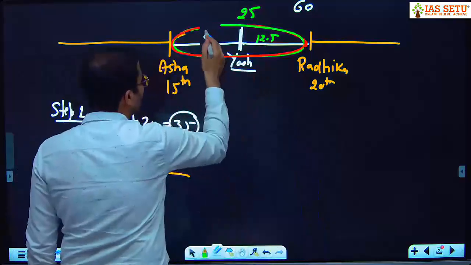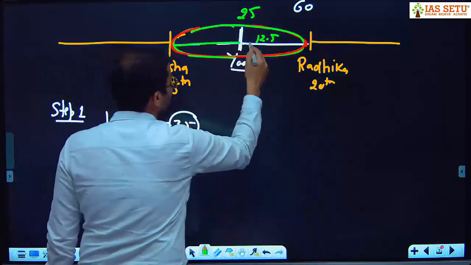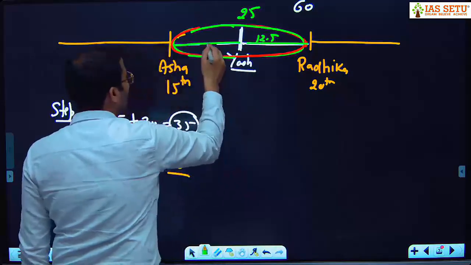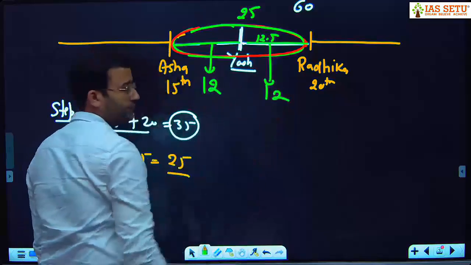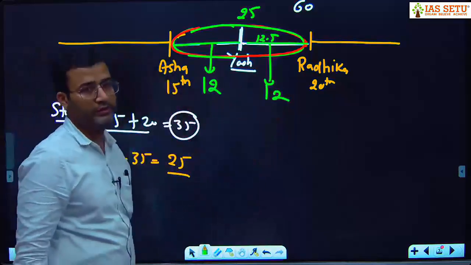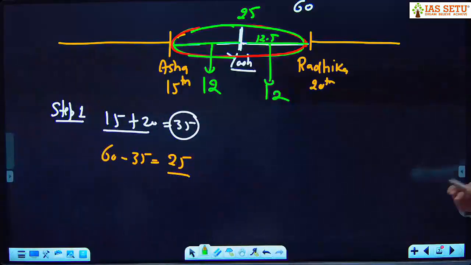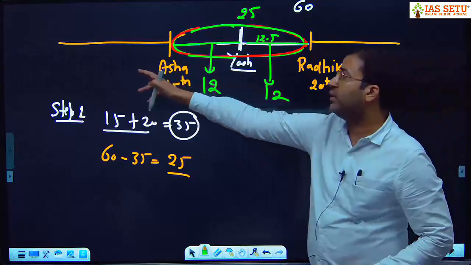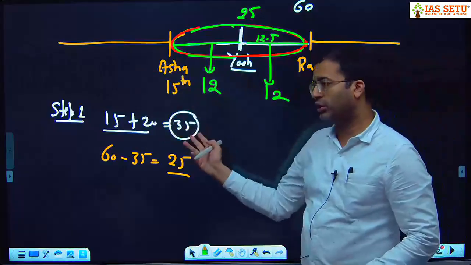How you distribute this person, that is important, so that we can say yes is exactly middle of 2. We can say here we have 12 and here also we have 12. This is the point. आपको yes की पोजीशन निकालनी है. Total 60. I repeat, these are the persons Asha and Radhika, and these persons are total 35.